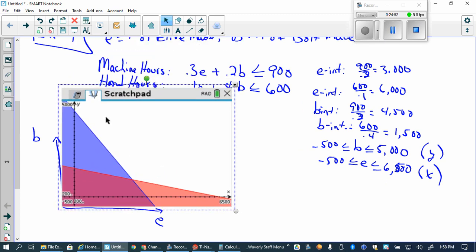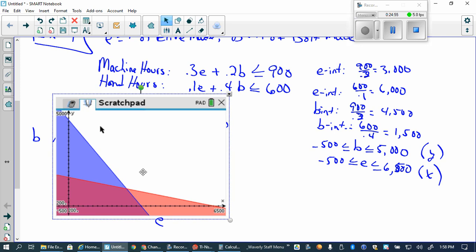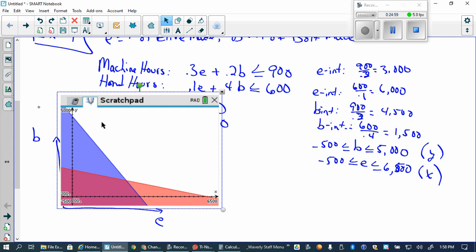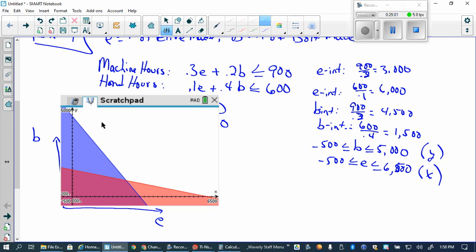So you could just make a quick sketch of this in the graph we started, right, roughly, okay?